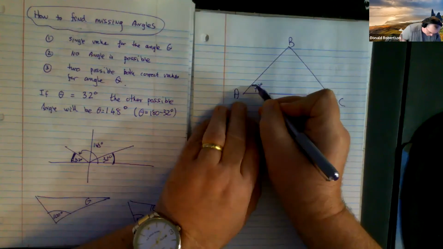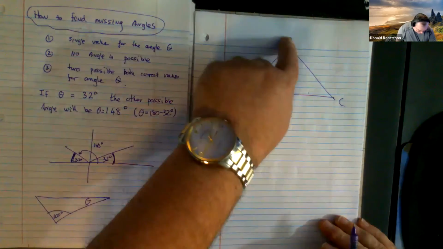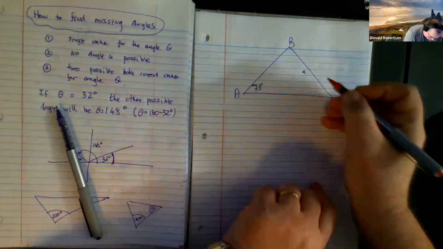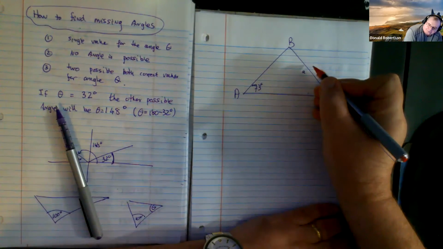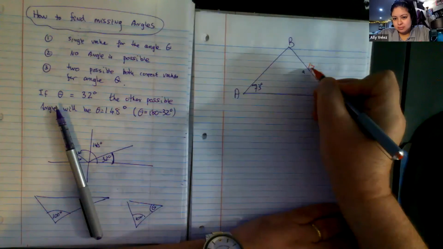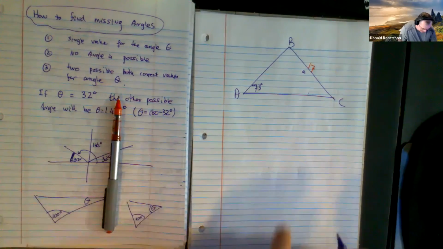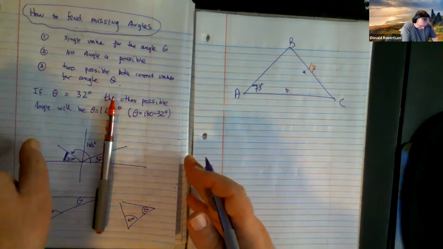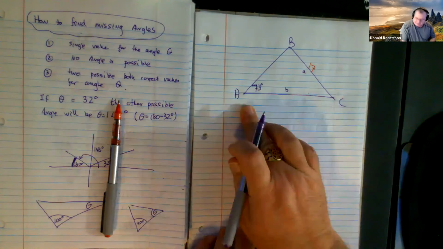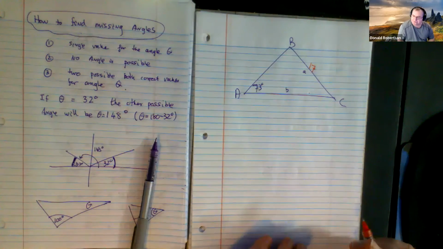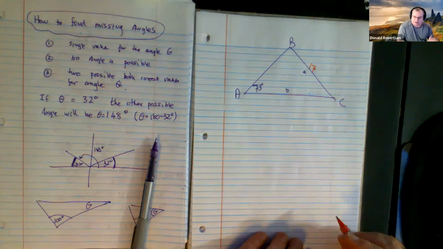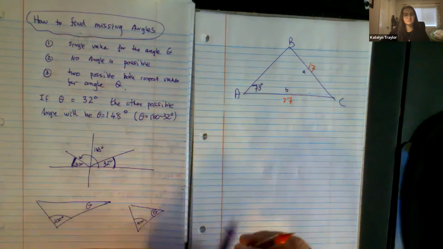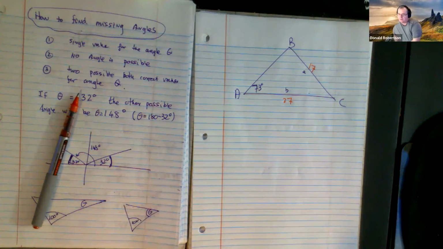Now, I need to know this side up here called little a. Give me any number you like. 17. Okay. And now I'm going to pick little b. Pick a length for little b. Give me a number for that one. Any number you like. How big do you want? 27, right. So would you agree this is a pretty random triangle?